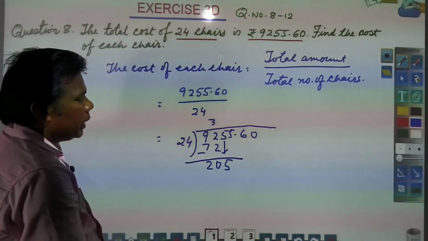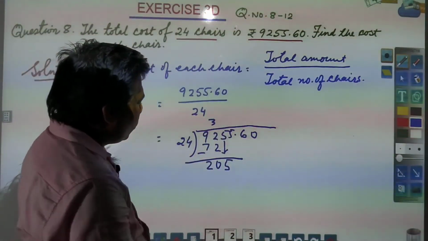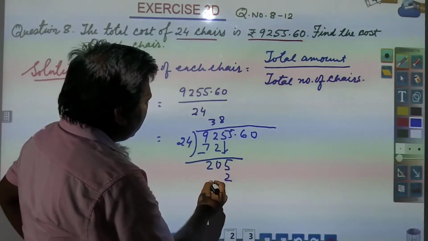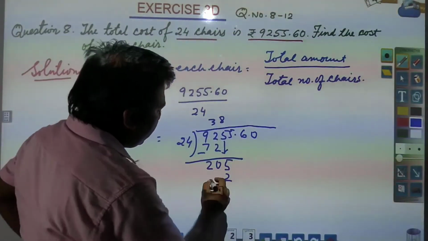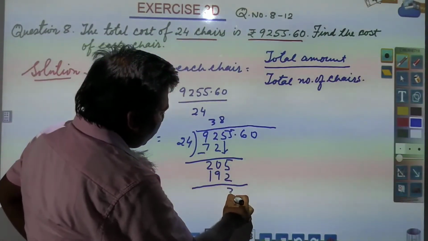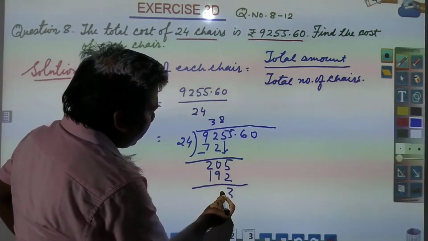Now you need to see how many times it will go. Just in rough, multiply and see. So try with 8. 8 4s are 32, 8 2s are 16 and 3 will be 19. 5 minus 2 is 3 and 10 minus 9 is 1.